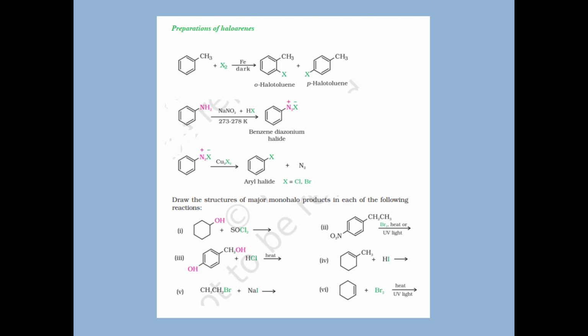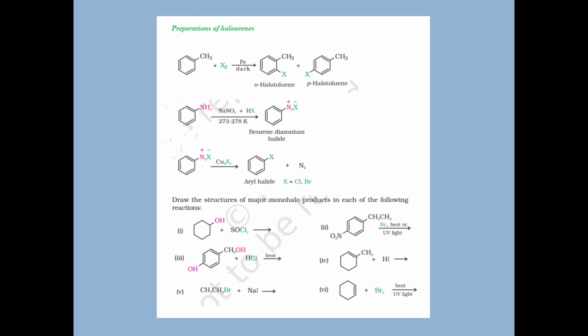The preparation of haloarenes: first one is toluene reacted with halogen in presence of Fe in dark. It will produce ortho and para products, and the para product will be the major. The second reaction is from amine: first the preparation of the benzene diazonium salt, and then the Sandmeyer reaction with the benzene diazonium salt to produce the haloarenes.